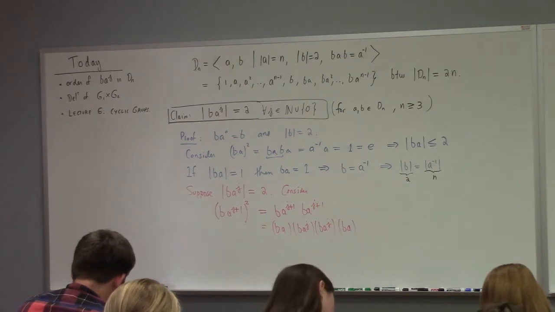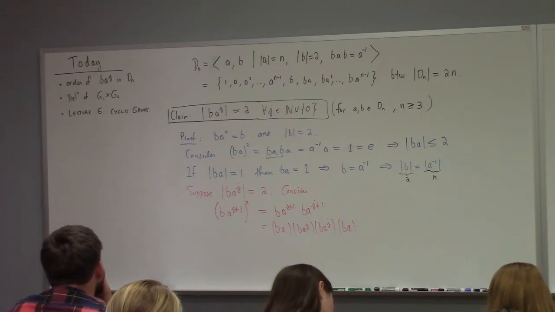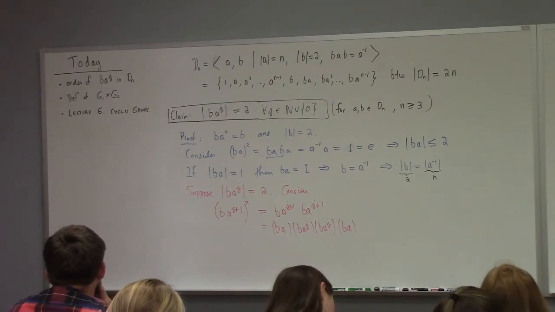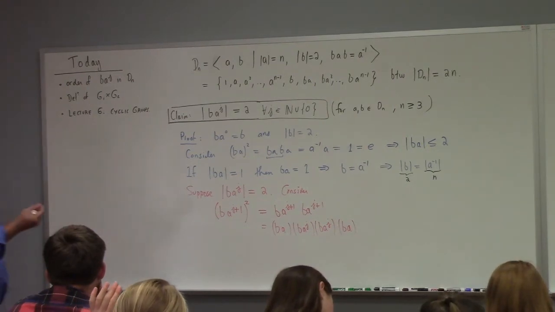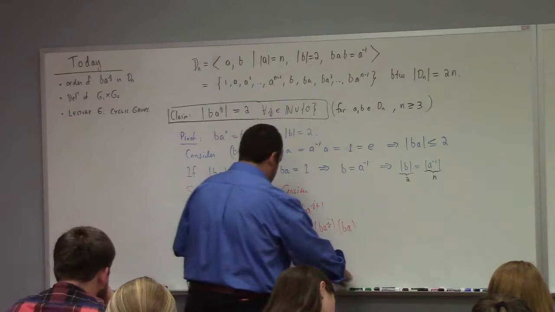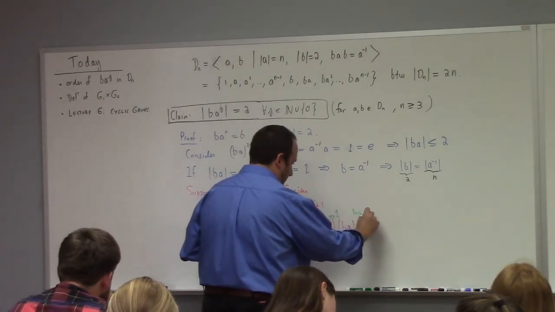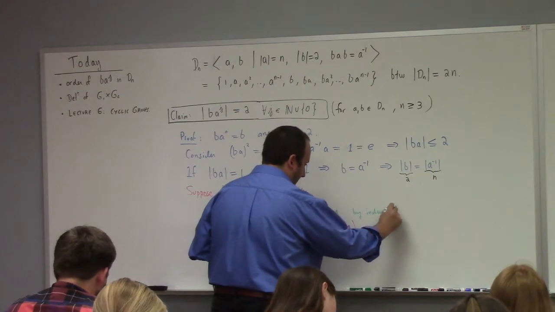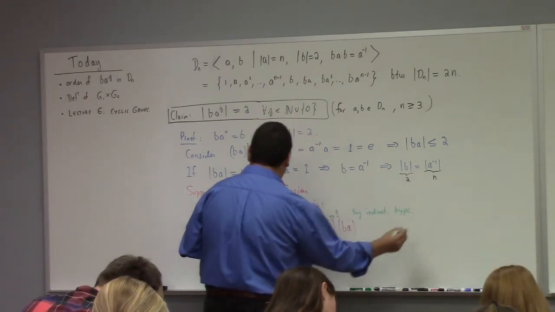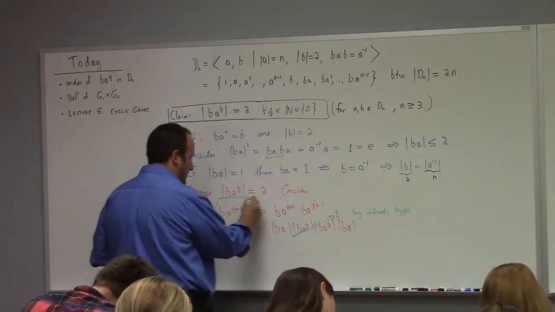What can I do with the middle pair? By the induction hypothesis, that's what? That's 1, right? Because we're assuming that the order of BA to the j is 2, which means that it squares to the identity. So by the induction hypothesis, the middle pair just goes to 1, which I will underline right about here.